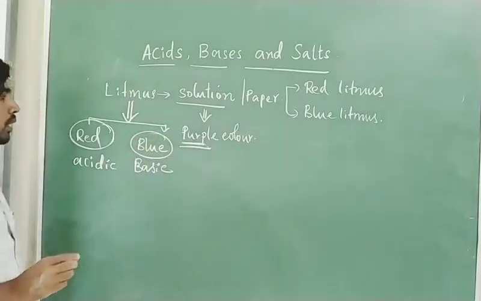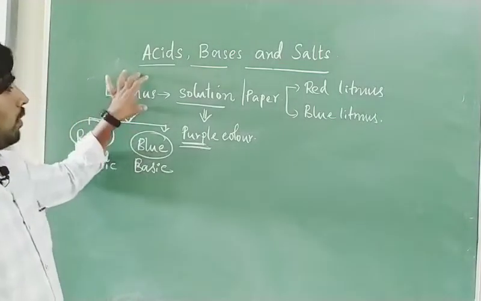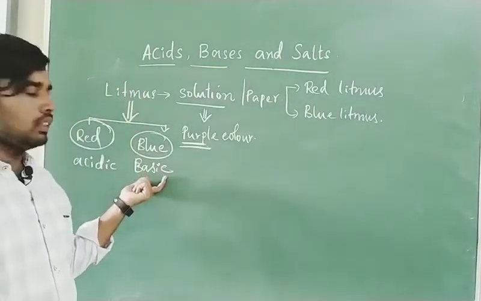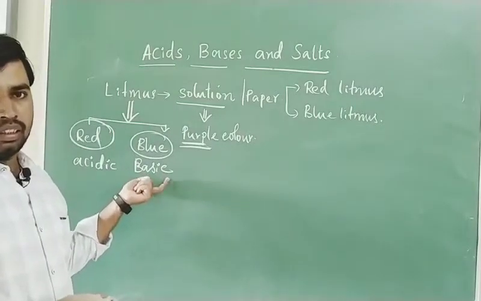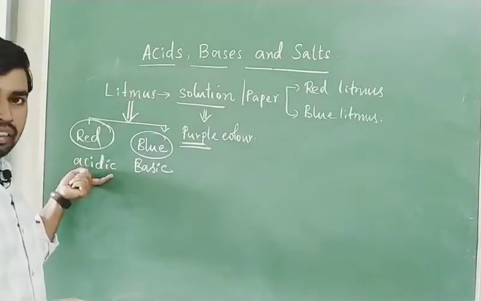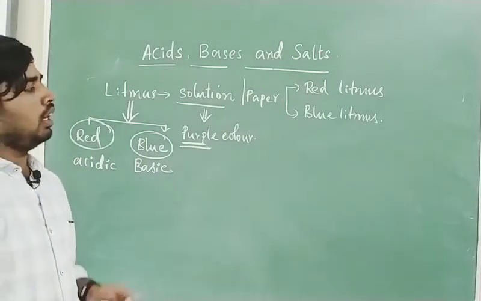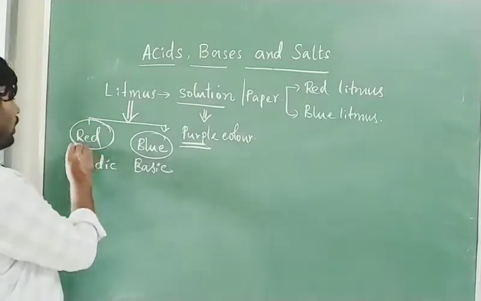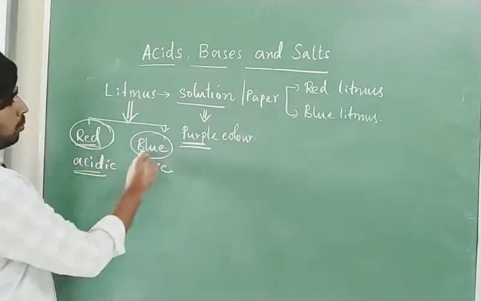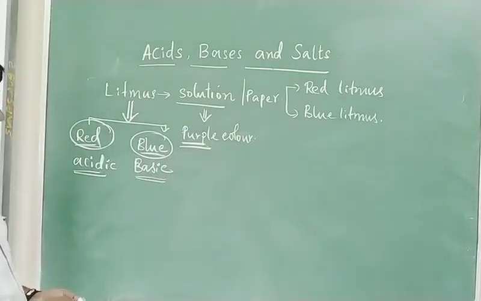If the solution turns blue after addition of litmus, the given sample is basic in nature. If it turns red, then the substance is acidic. This is about litmus: red in acidic medium, blue in basic medium.